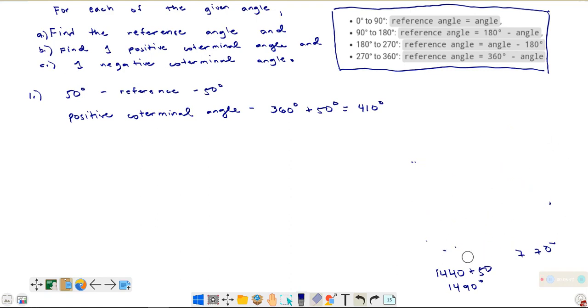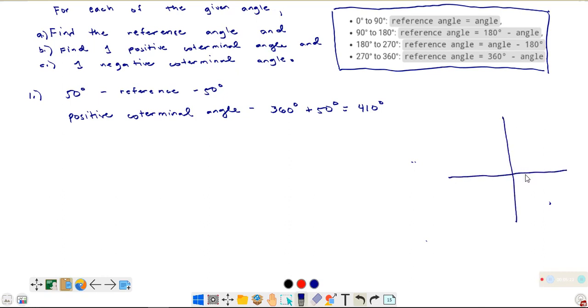Move tayo sa negative coterminal with our given angle. So, sabi natin, kapag negative, clockwise naman yung motion. Again, this is 50 degrees. From here, ang magiging mga angles natin ay 0 to negative 90, negative 180, negative 270, and then this is negative 360.